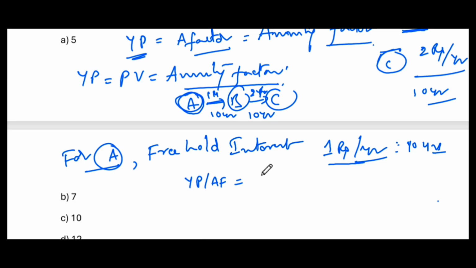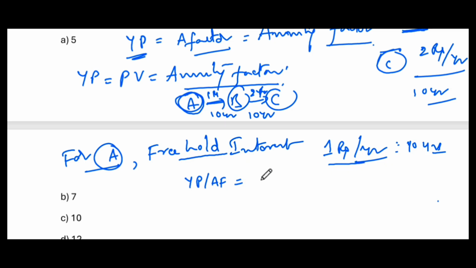So, for the future return of 1 rupee per year for 10 years, what would be the value of the freehold interest? What is the worth for him because of that property? That is the year's purchase.